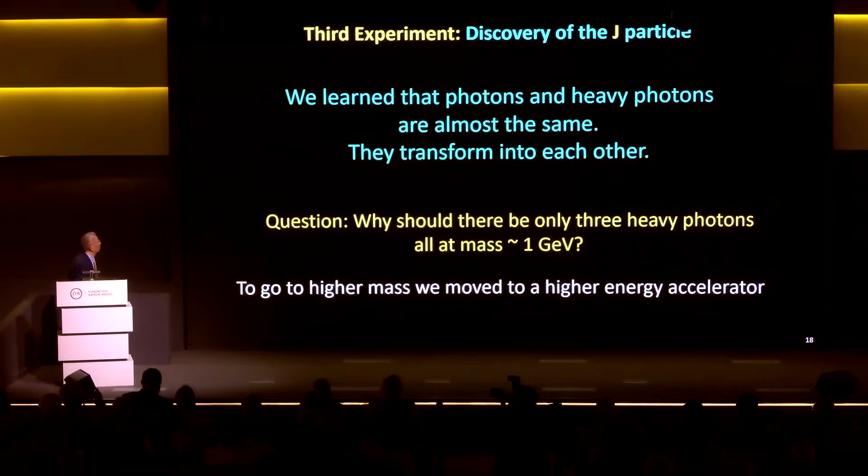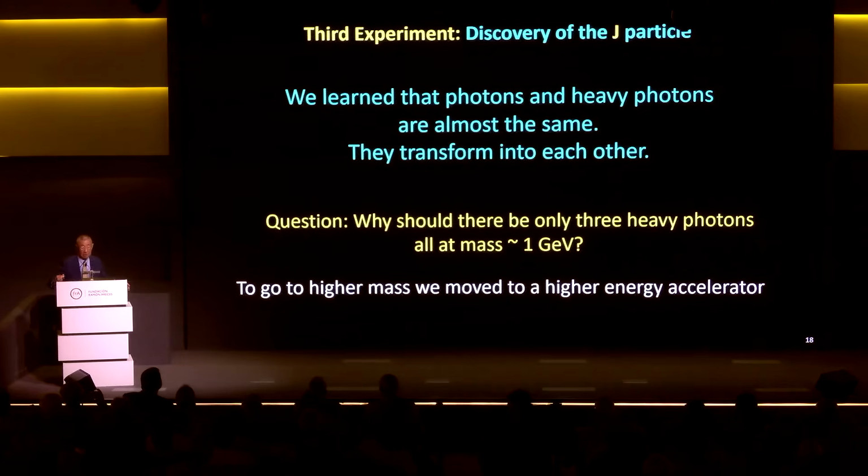And so the third experiment is the discovery of the J particle. We learned that photon and massive photon are almost the same, and they indeed transform into each other. So the question you ask, why only 3 photons? The phi has a mass of 1 GeV. And to go to high mass, we move to a high energy accelerator.